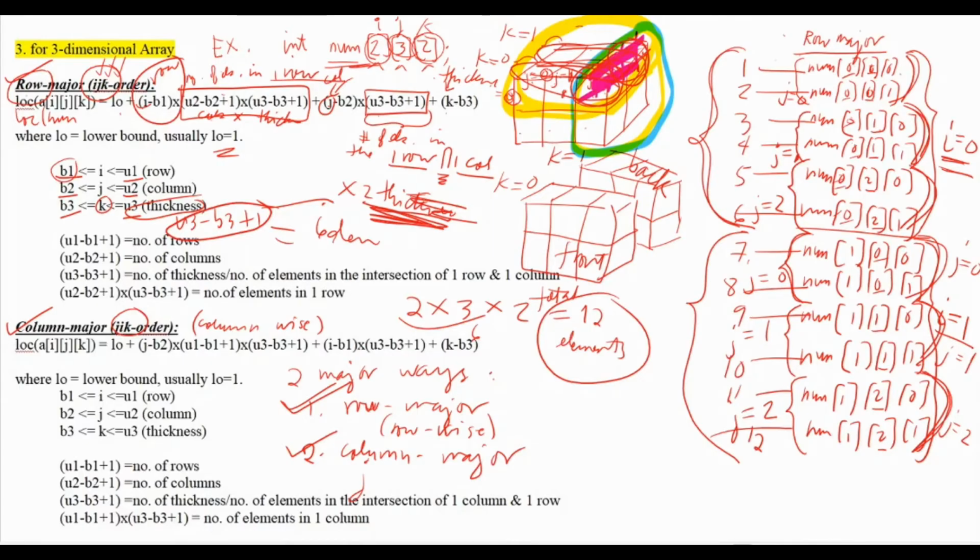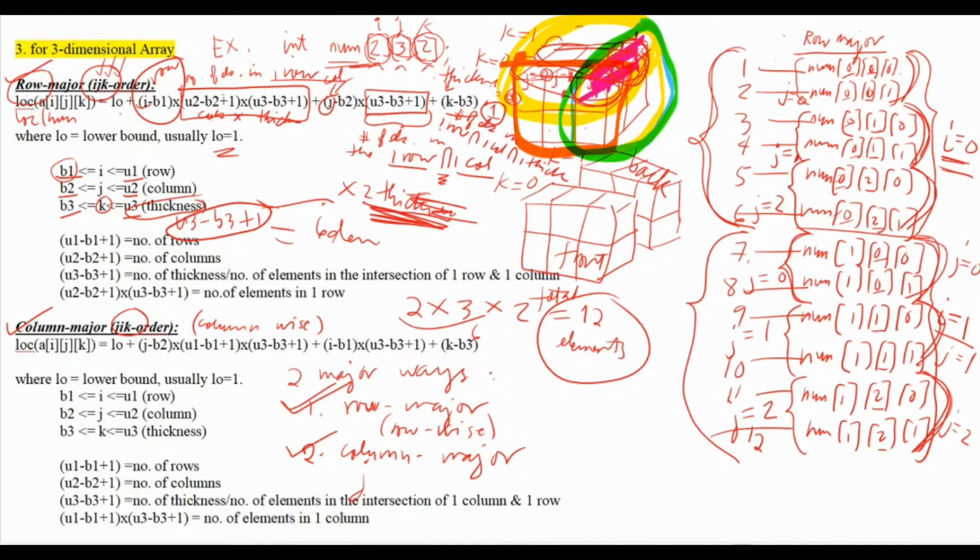And after this one here, the last consideration, thickness K minus B3, what we multiply here is just 1, because 1 is the number of elements in the intersection of one row, one column, and one thickness. So you intersect one row, this one, with one column, with one thickness, which is this, for example.